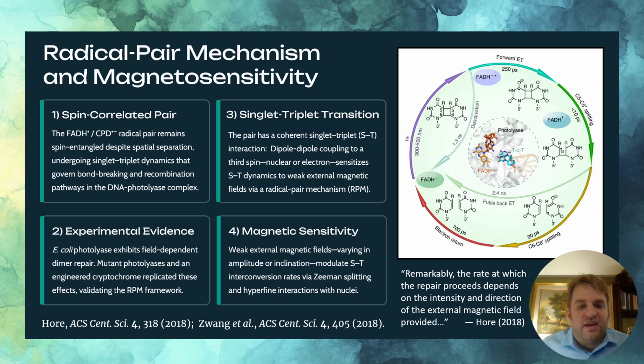And this kind of mechanism is called a radical pair mechanism that can change the electron transfer reaction yields based on the presence of the magnetic field.